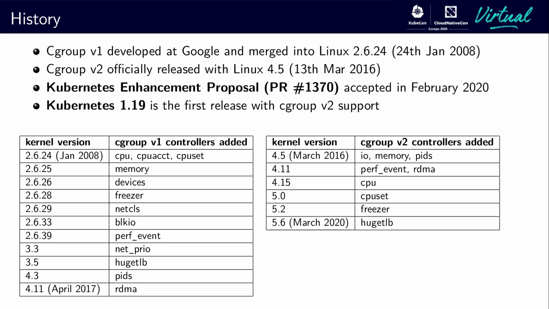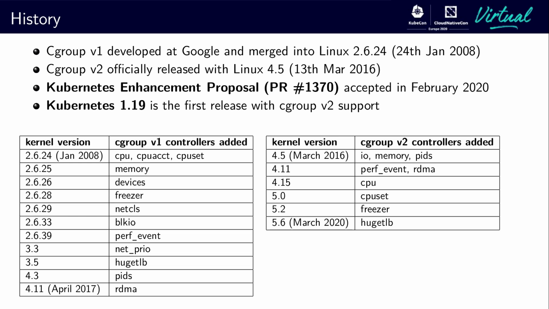So it's not really such a novel technology. It has been around already for some years. The proposal for adding Cgroup v2 support was accepted just a few months ago, last February, and the Cgroup v2 support was added for the release 1.19.